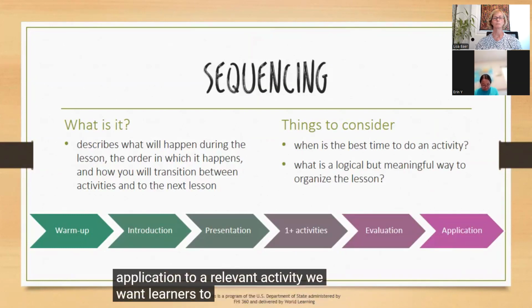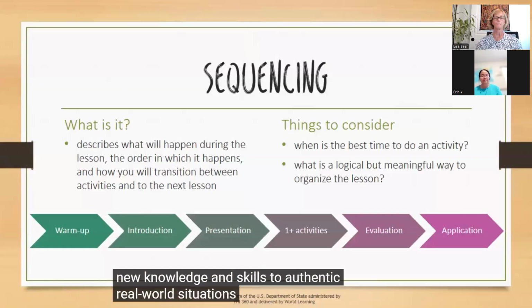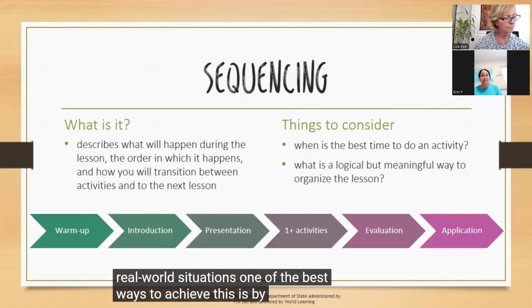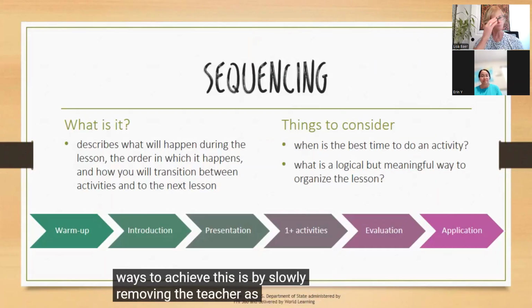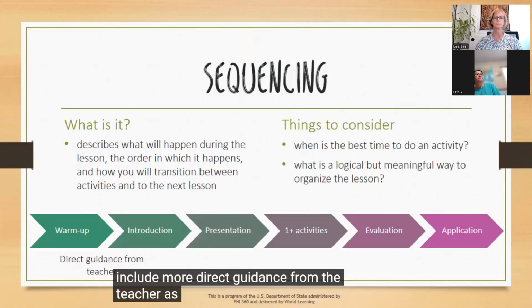We want learners to be able to apply their new knowledge and skills to authentic, real-world situations. One of the best ways to achieve this is by slowly removing the teacher as a director. Activities early in a lesson should include more direct guidance from the teacher.